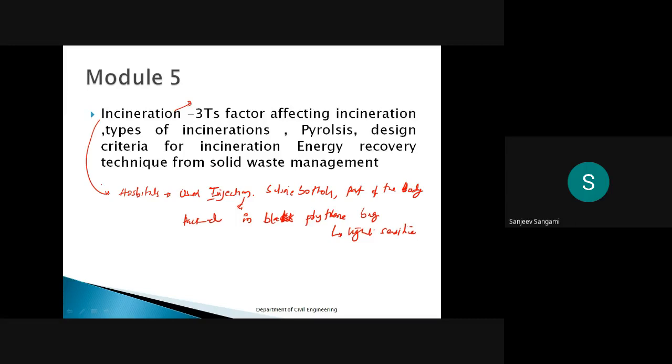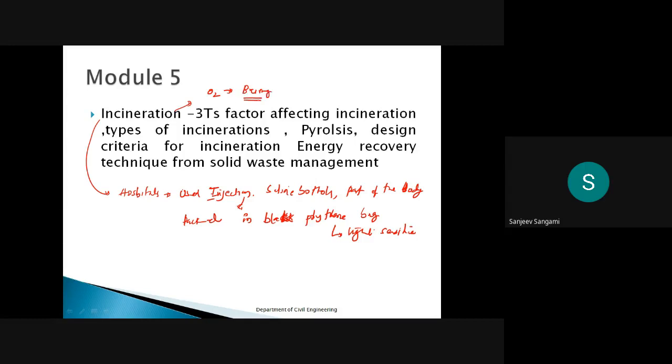So then, it is completely related to incineration. What types of incineration are there? Sometimes we will burn in the presence of oxygen. Of course, if you want to burn any of the used injections or saline bottles, you require oxygen. If oxygen is there, only then is the burning going to happen.